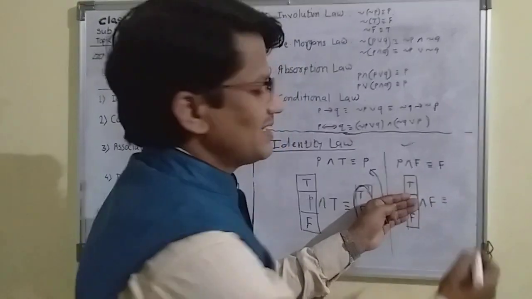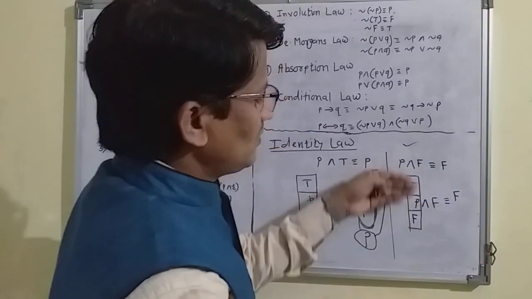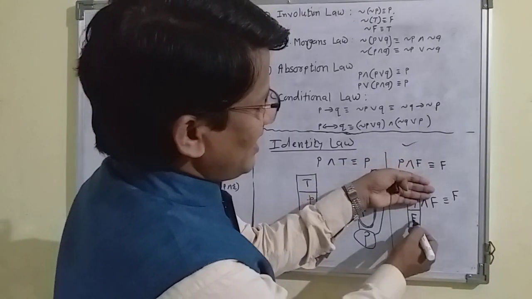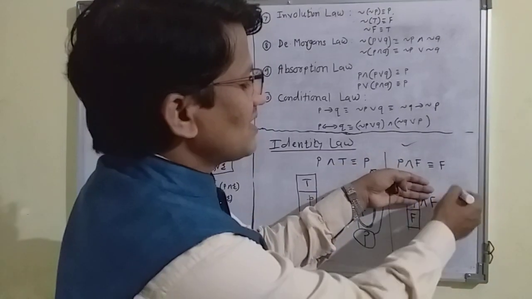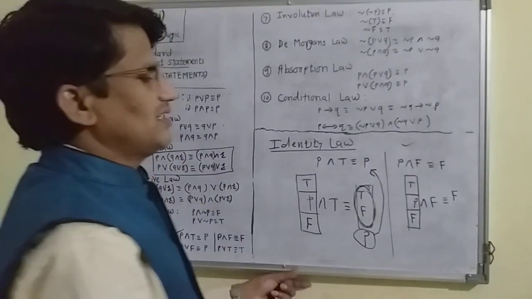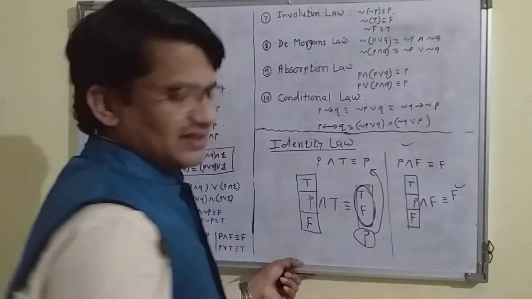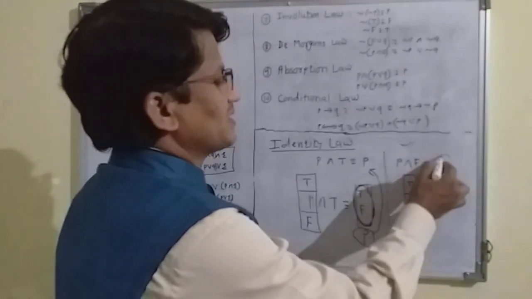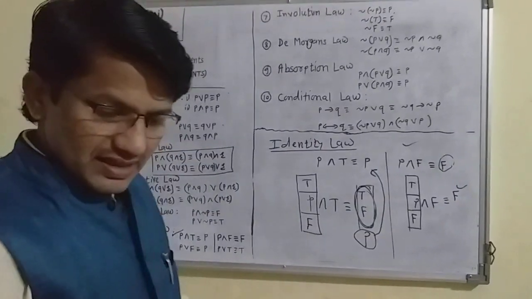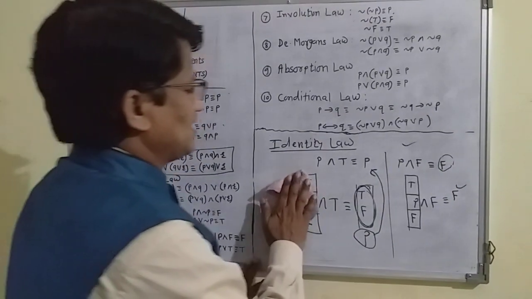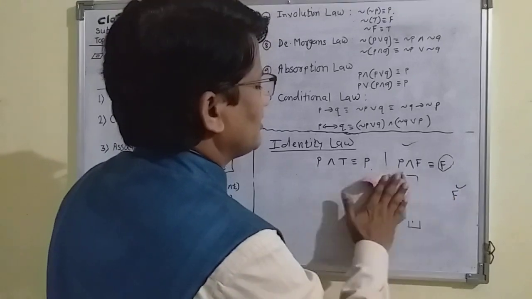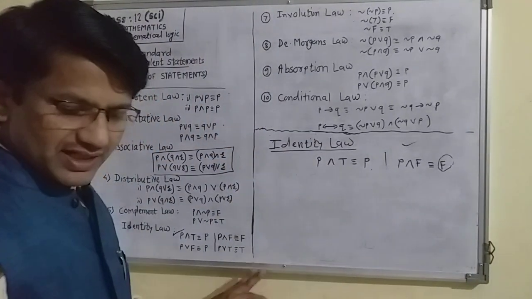T and F, result is F. Now take F and F. Result is F. In both conditions, no change in F. Therefore, F is written here. Thus, we have completed the proof of the identity law.